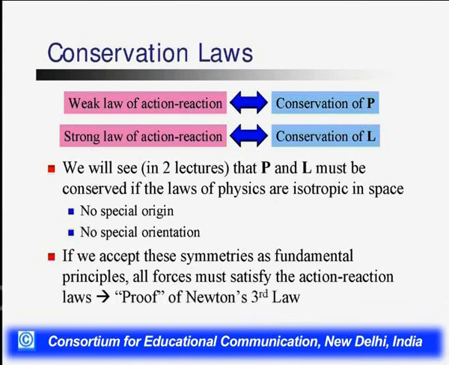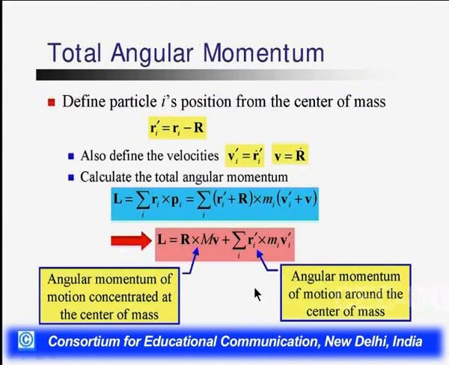No spatial origin is defined, no spatial orientation is defined. Then we accept these symmetries as fundamental principles. All the forces must satisfy action and reaction and obey Newton's third law, either the weak or the strong action and reaction.